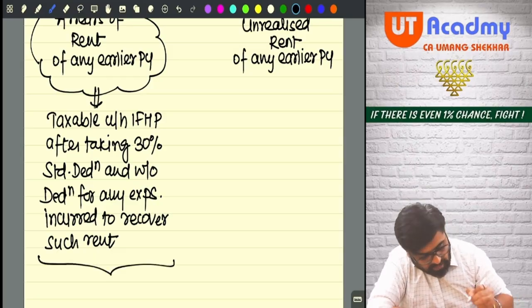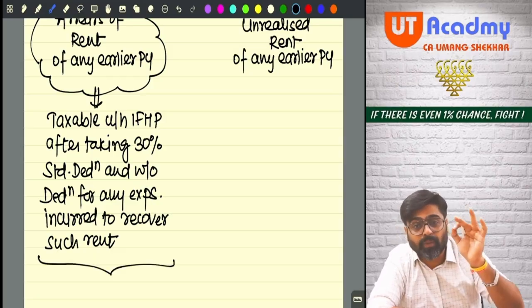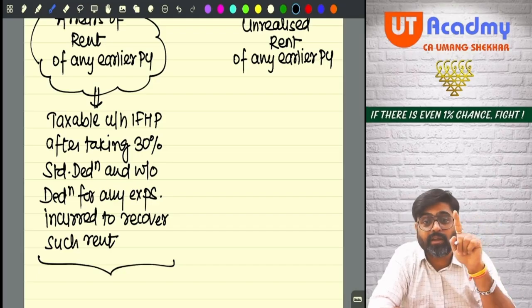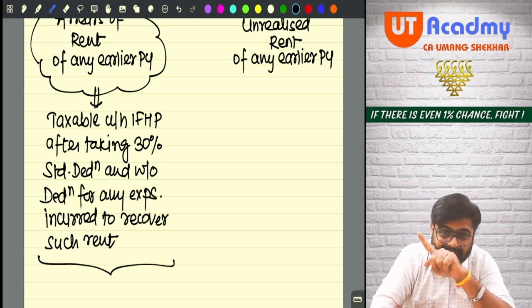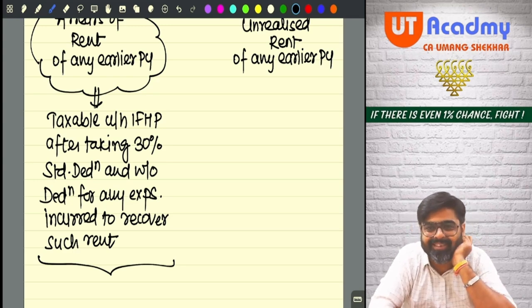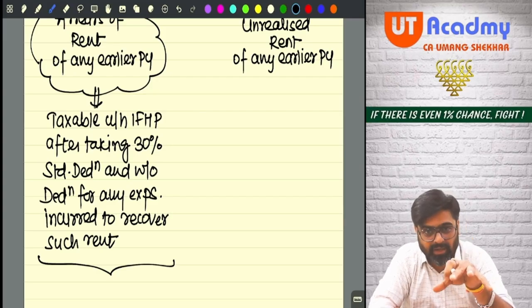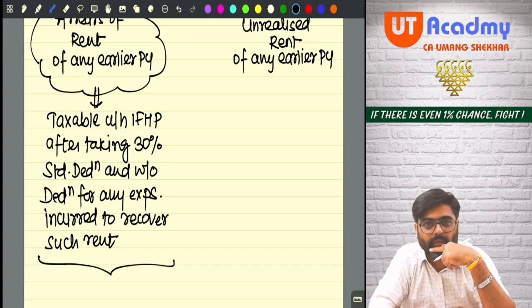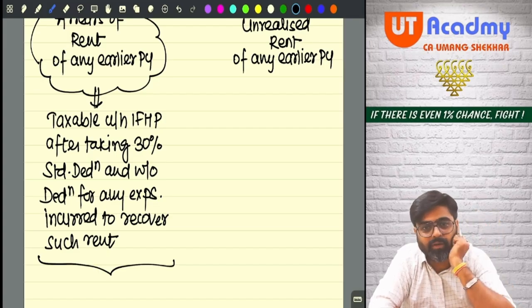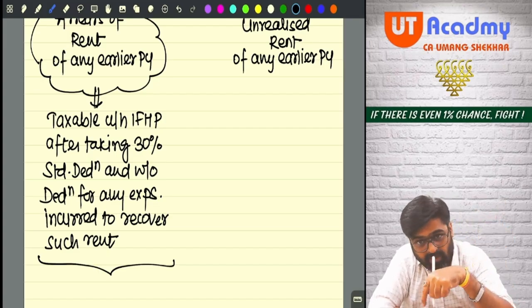This treatment will happen irrespective of the fact that whether you are the owner of that property in the year of recovery or not, to which such arrears relates. So this arrears of rent was relating to a property which you have long back sold. So are you the owner of that property in the year of recovery?